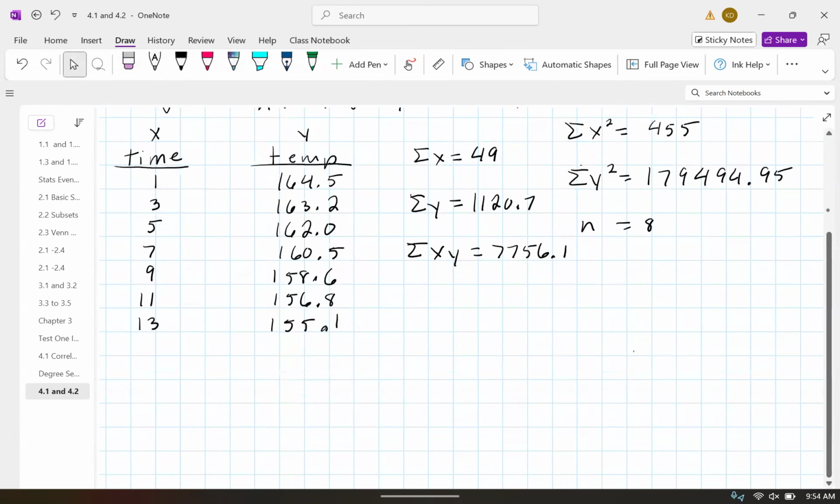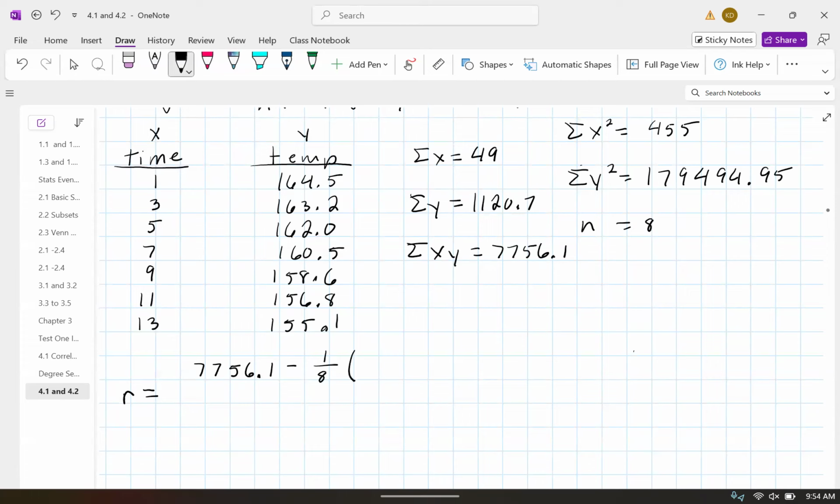Okay, so I'm using that monster equation above us. My R value equals the sum of xy, so 7756.1 minus 1 over n, which is 8, times my sum of x, sum of y.